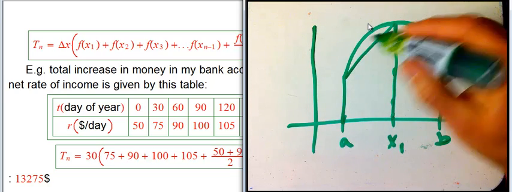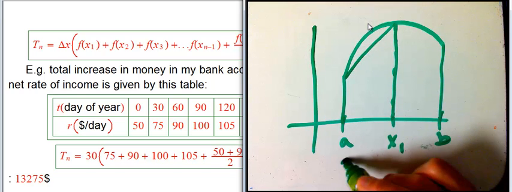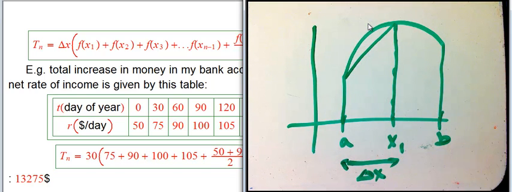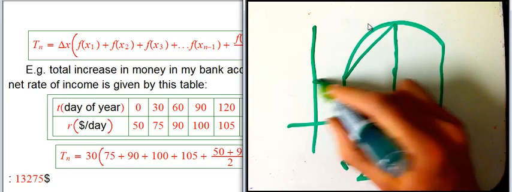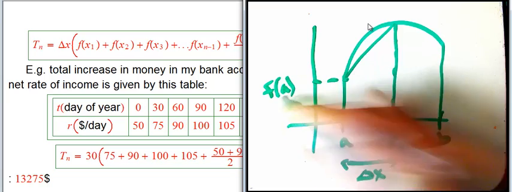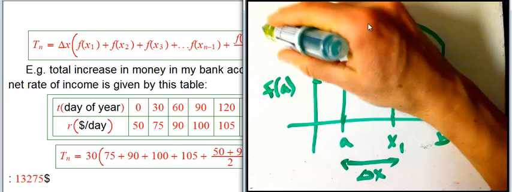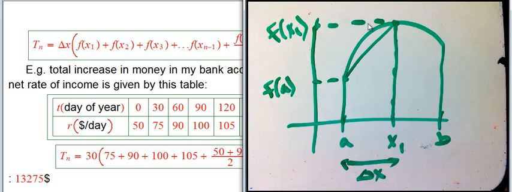So let's just look at the area of this trapezoid. This length is delta x, this height here is f of a, and this height here is f of x1, just because I picked the leftmost subinterval, so it's from a to x1. That's not terribly important.